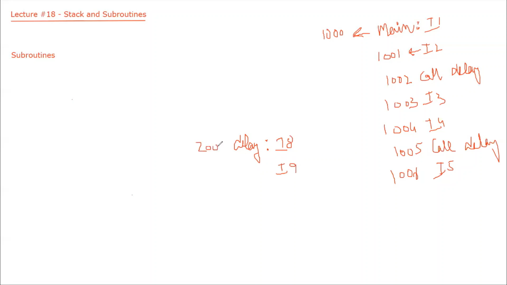So delay will actually be 2000, meaning the first instruction of the subroutine. So here it is call 2000, it is actually an address. Here also it is call 2000. And then 2001 is instruction I9. Then 2002, let's say it is a return instruction.